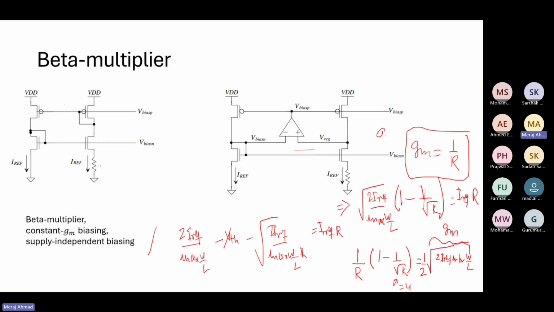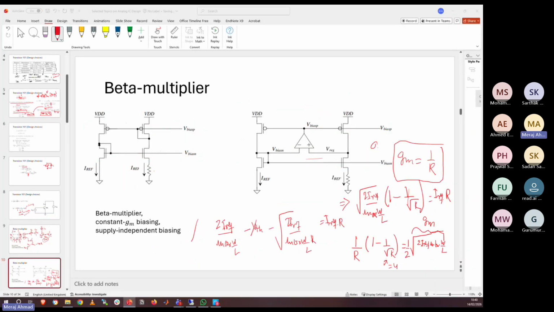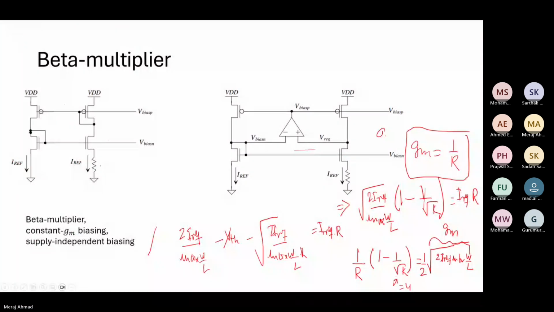What was assumed for that? Let me share it again, there is some issue here. Okay, if you see these three names: beta multiplier, constant gm biasing, supply independent biasing.